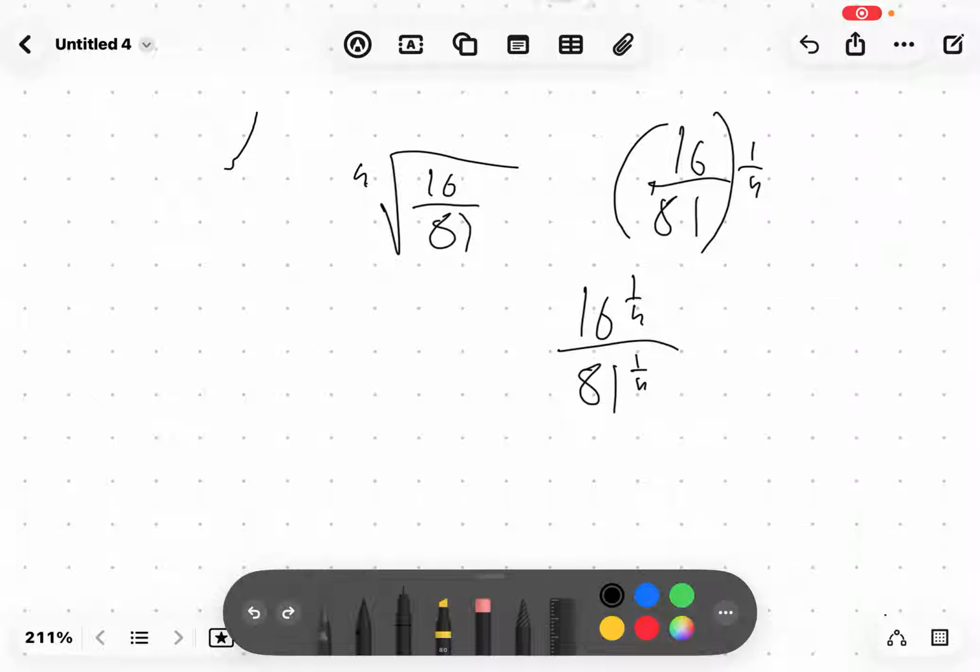Well, this is 2 because 2 times 2 times 2 times 2, 2 to the power 4.